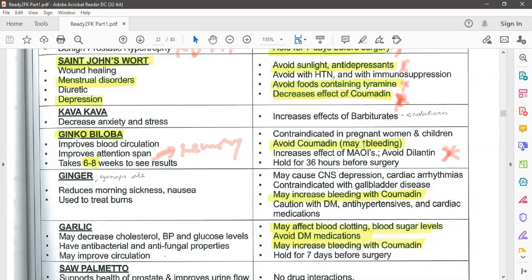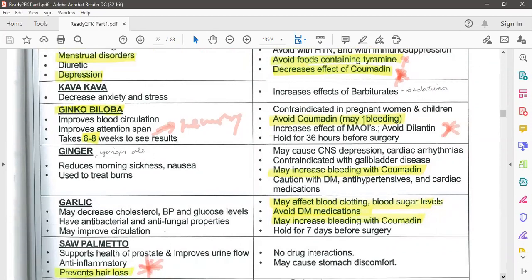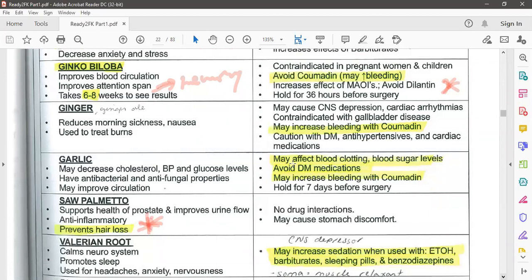Another herbal is called Ginkgo biloba. Ginkgo biloba increases the blood circulation, improves the attention span, and takes 6 to 8 weeks to see the result. So if you take Ginkgo biloba today, you have to wait 6 to 8 weeks to see the result, right?